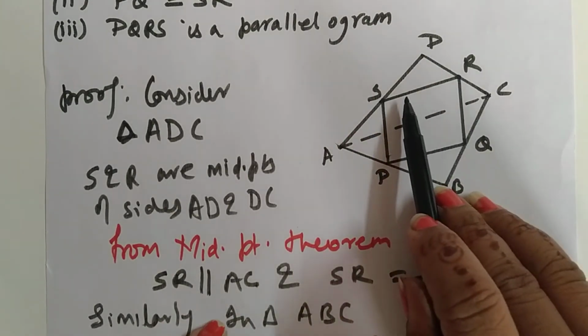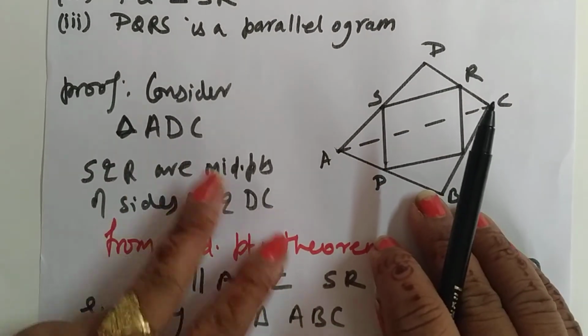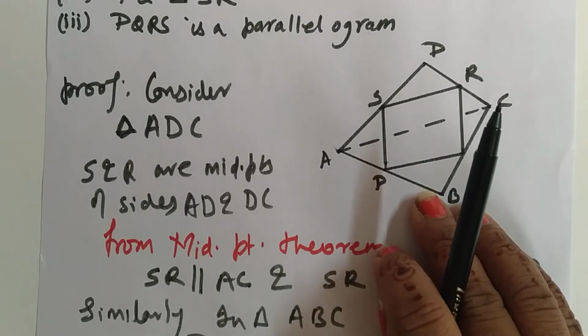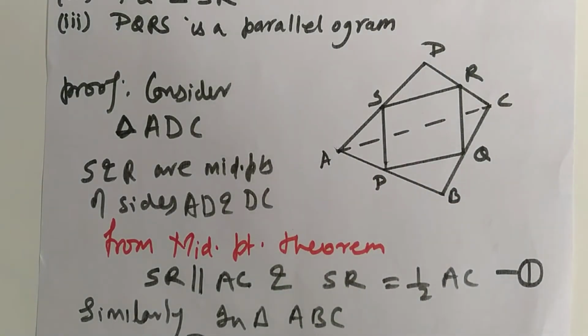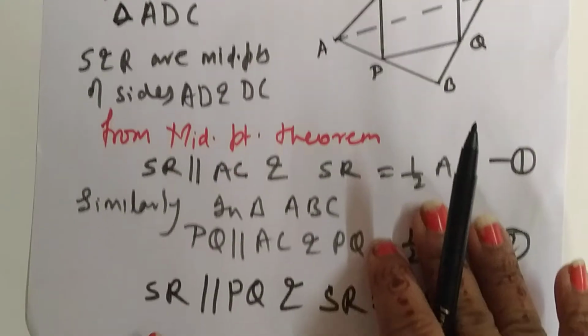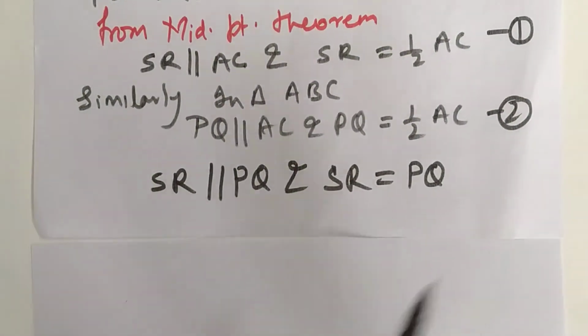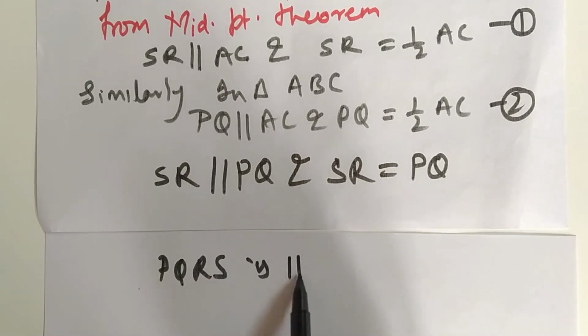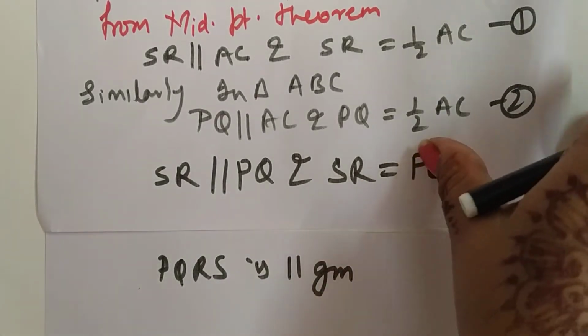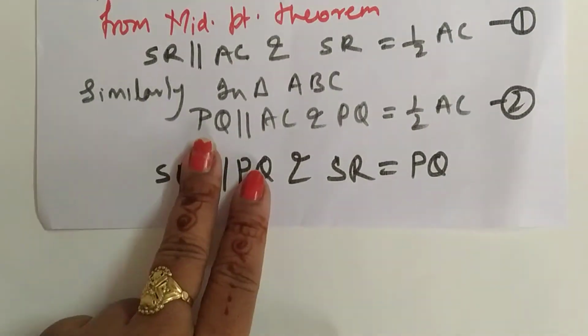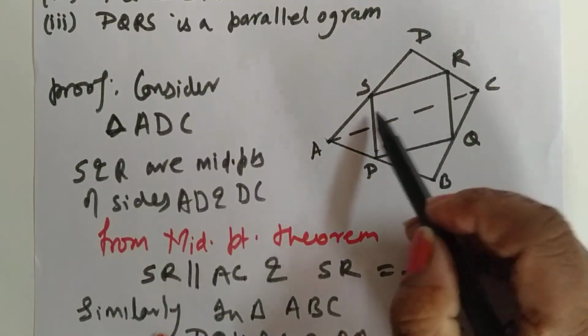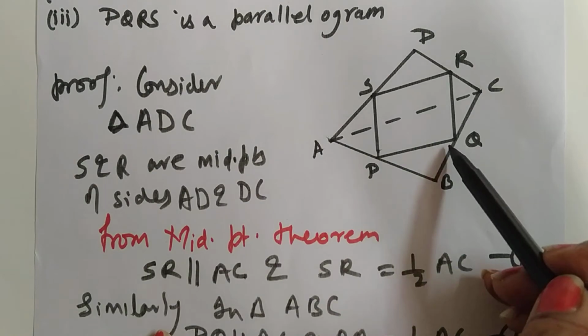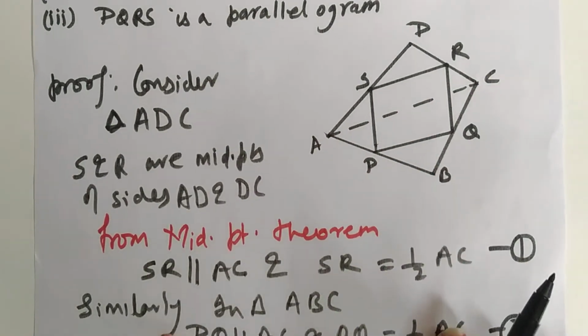Now, because of the property of the parallelogram, when one pair of opposite sides of a quadrilateral is equal as well as parallel, then that quadrilateral is definitely a parallelogram. So now we can write PQRS is a parallelogram, that is what we need to prove, because SR is parallel to PQ and SR is equal to PQ.